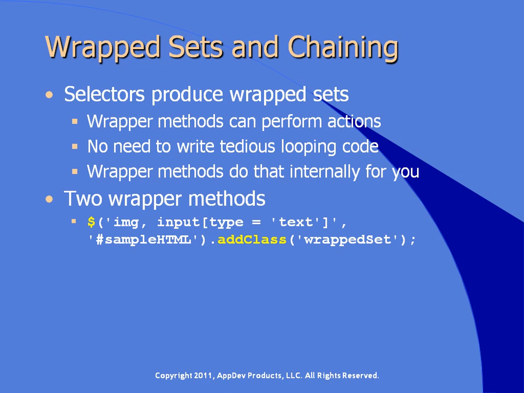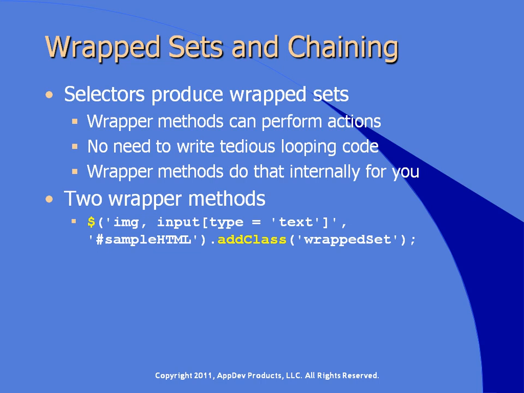This is the code on the test page that executes based on the selector that you enter for evaluation. It looks for all of the image or input elements of type text using one of the sample selectors that we looked at within the sample HTML area, and it uses the wrapper method to add the wrapped set class to all of the elements in that matched set.